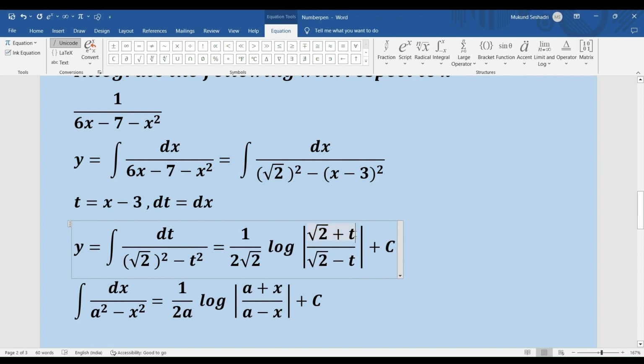So the substitution that I made originally is t equals x minus 3. So all that I do is I replace my t with x minus 3, right? So what I will get is 1 by 2 root 2 log of mod of root 2 plus x minus 3 by root 2 minus x plus 3 plus my constant c, right?